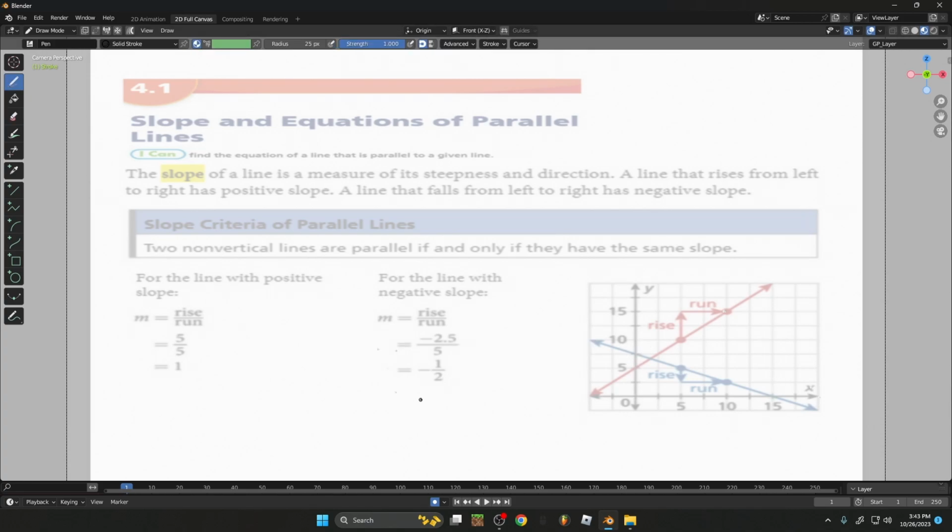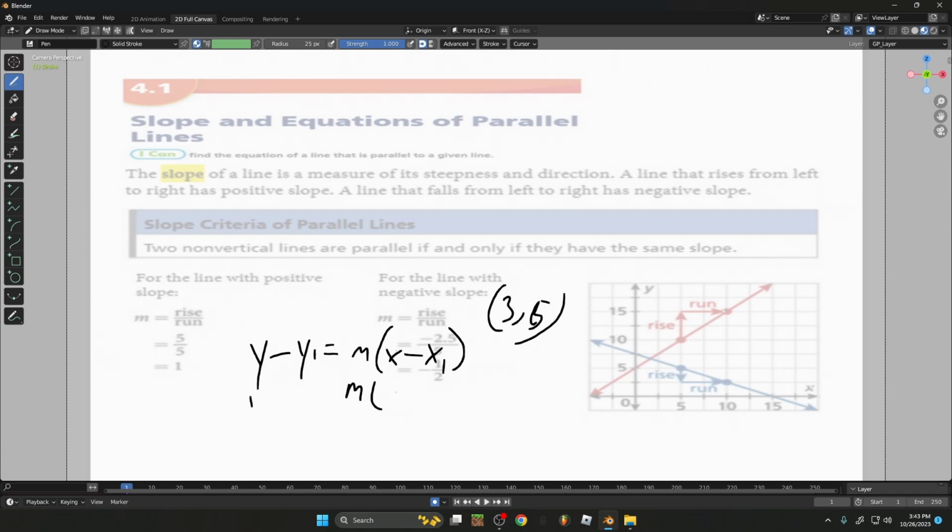Other important formulas to know. y minus y1 equals m times parentheses x minus x1. So m is the slope, and then you just put in the coordinate. Let's just say it's 3 comma 5.